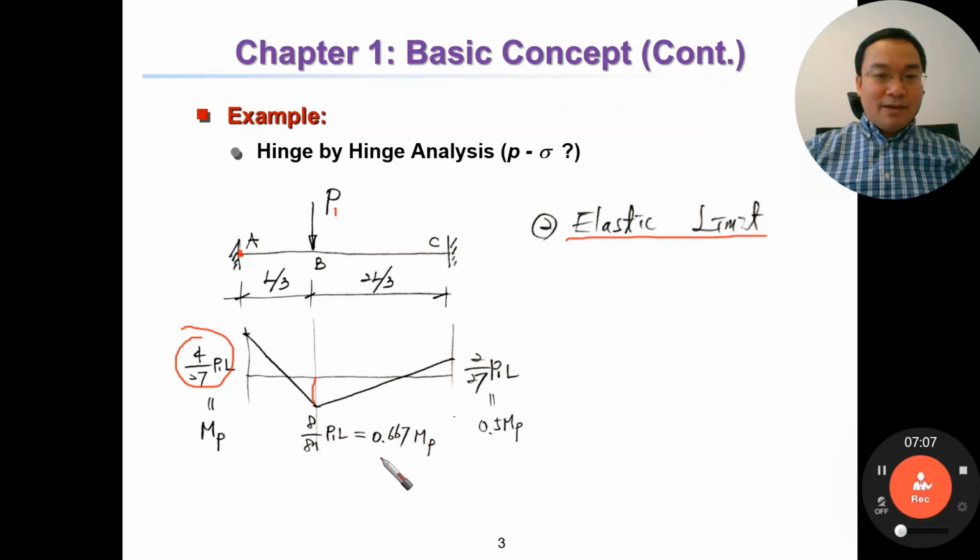0.67 MP. We can calculate, right? And at this section, this value equals 0.5 MP. If this is MP, then this is 0.667 MP. And the moment of this section is 0.5 MP.